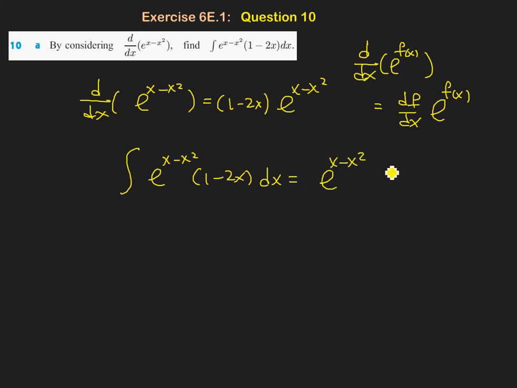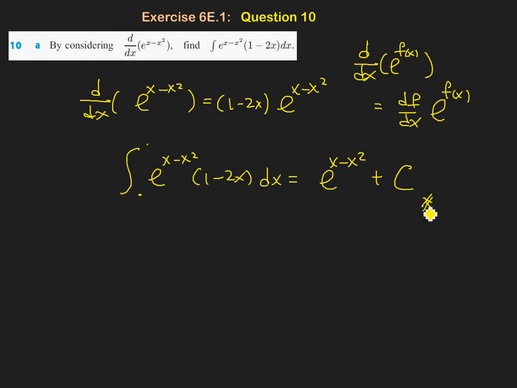Do not forget, no matter what, unless it's a definite integral, that means you see numbers here and here. Now you don't see numbers here right now, right? So you must add a c. This is a must. You cannot forget the c.